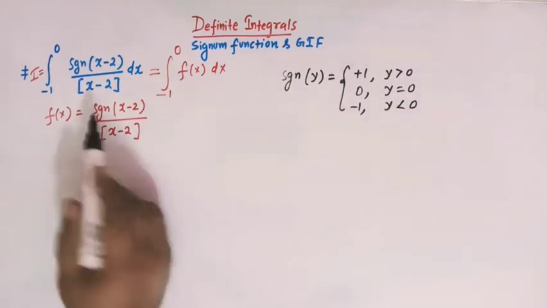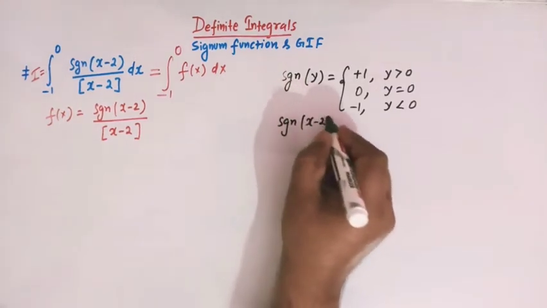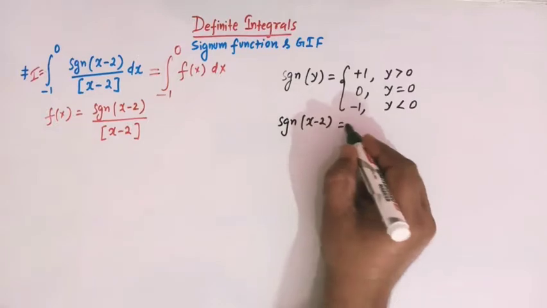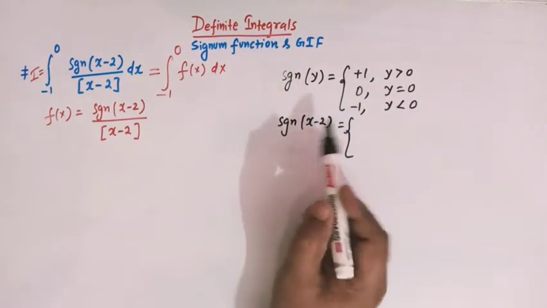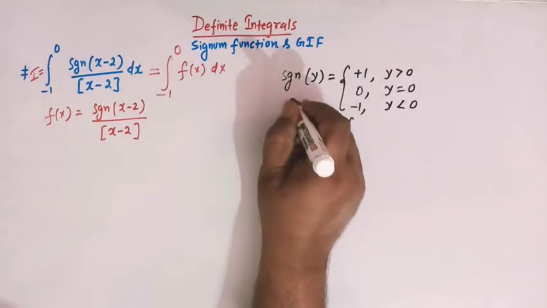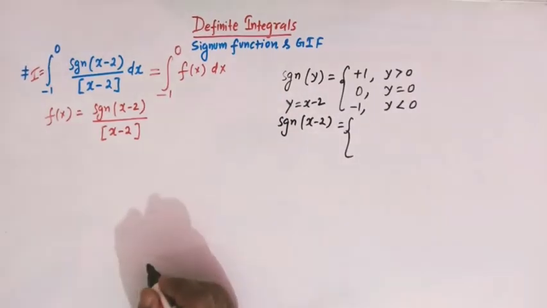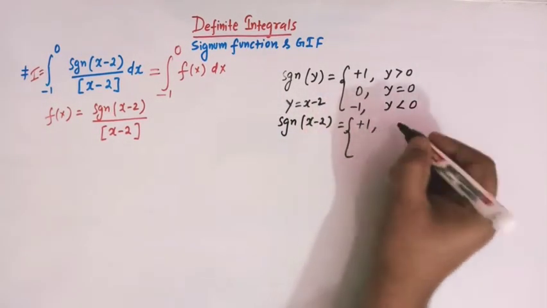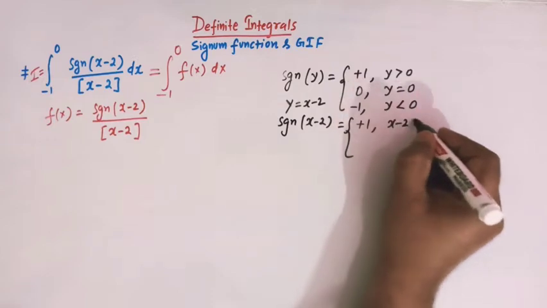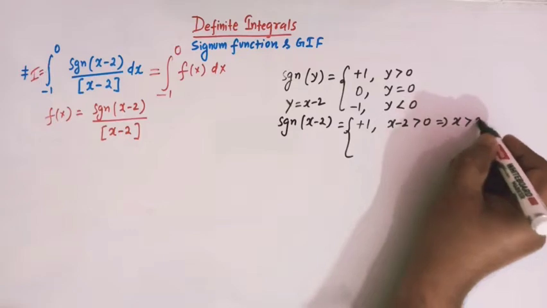Now here we have signum of x minus 2. If we compare this expression with the definition, we can take y is equal to x minus 2. So signum of x minus 2 is +1 whenever x minus 2 is greater than 0, or when x is greater than 2.